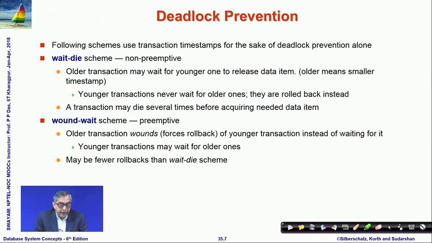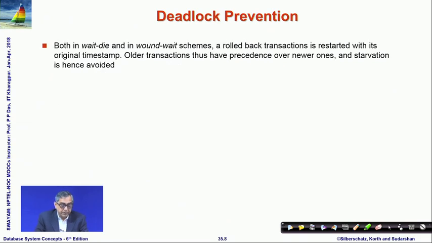By doing this, it is possible to have fewer rollbacks than the other scheme. With these two timestamp-based schemes, it is possible to prevent deadlocks, and for that reason these schemes are often preferred in many contexts.